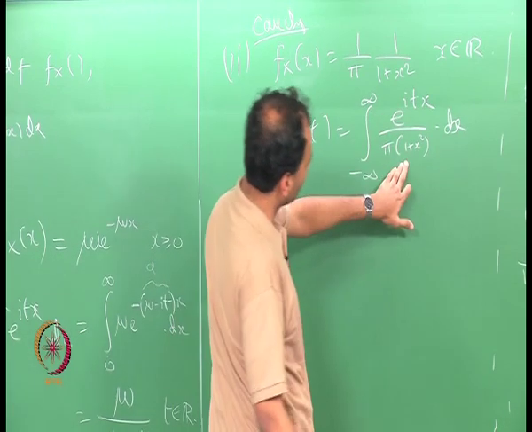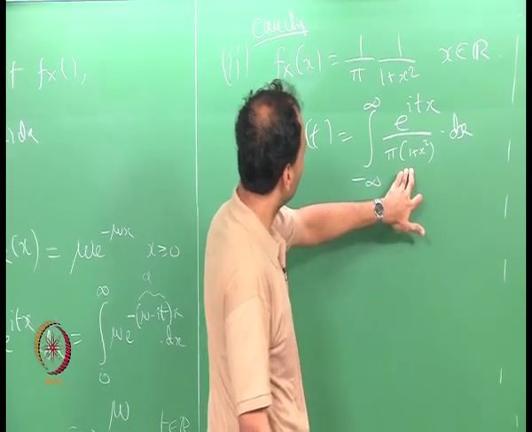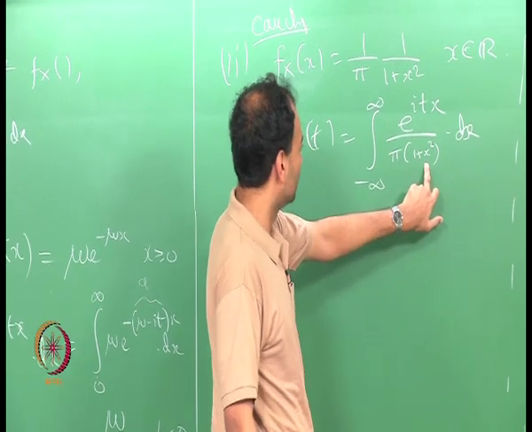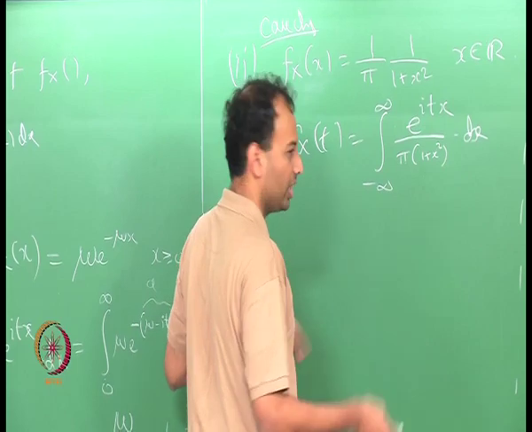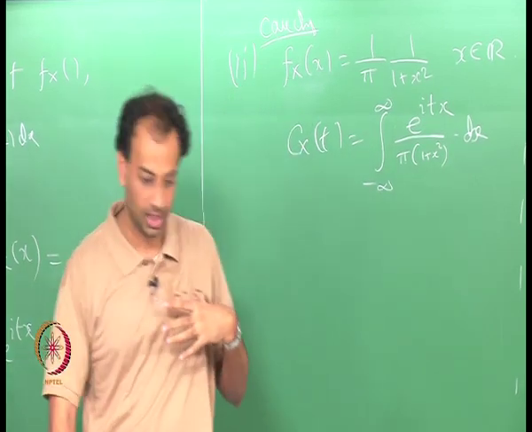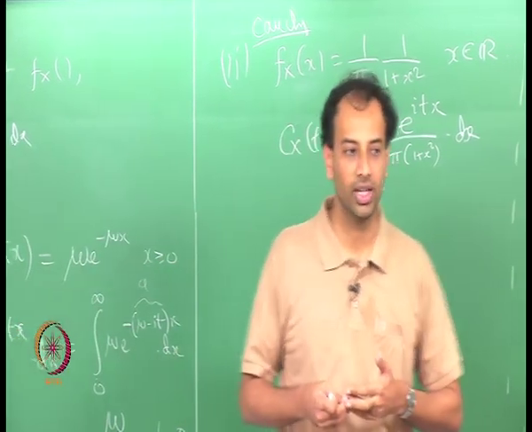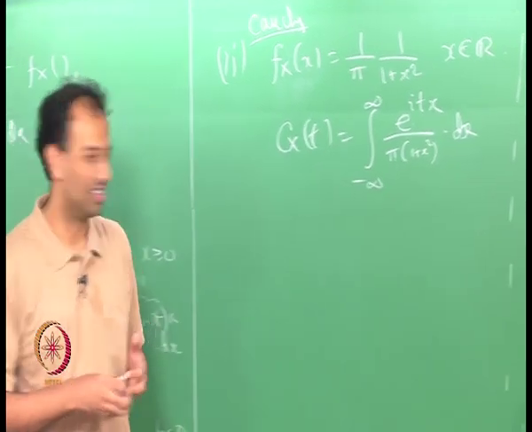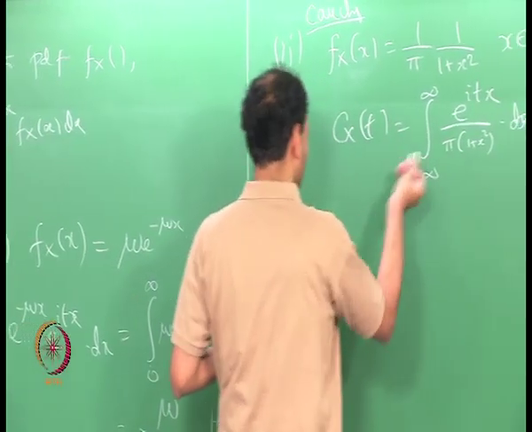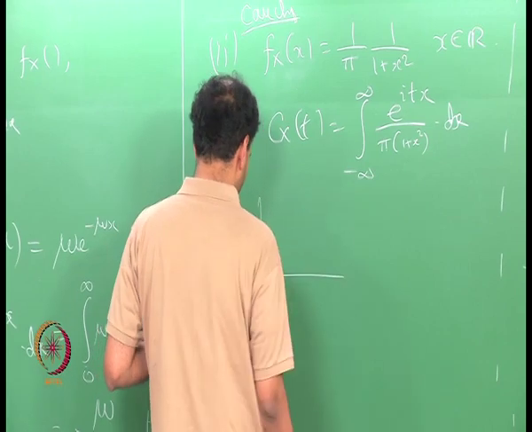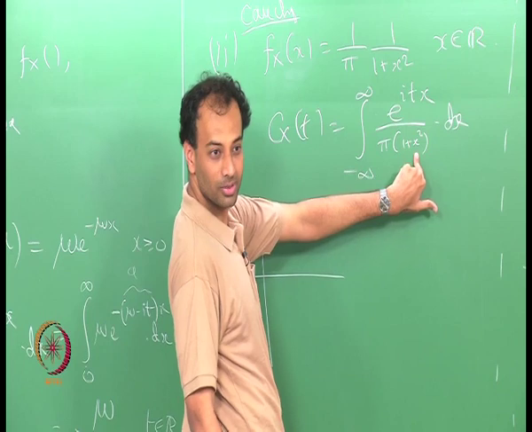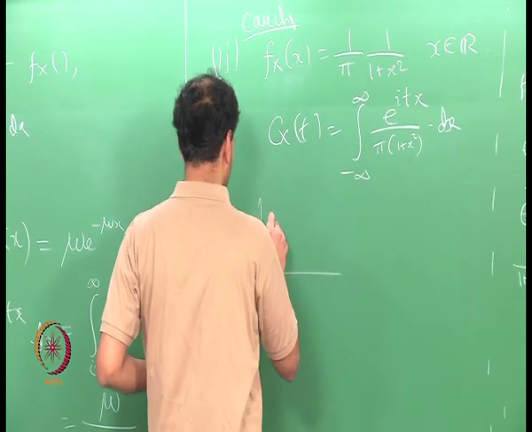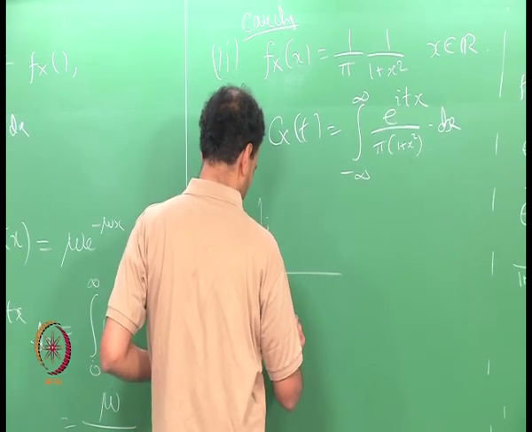So if you have a function that has 1 over 1 plus x squared, you essentially have to use contour integration and then invoke the residue theorem. You might have studied the residue theorem in complex analysis. In evaluating something like this, note that 1 over 1 plus x square has 2 poles: a pole at i and a pole at minus i.